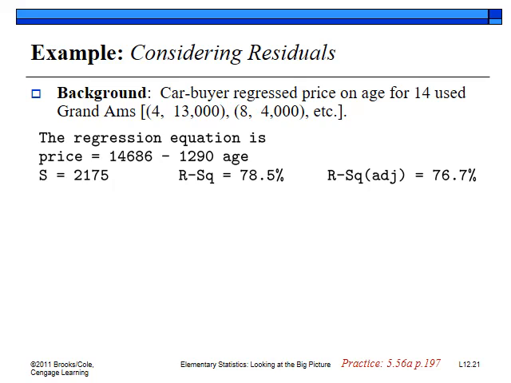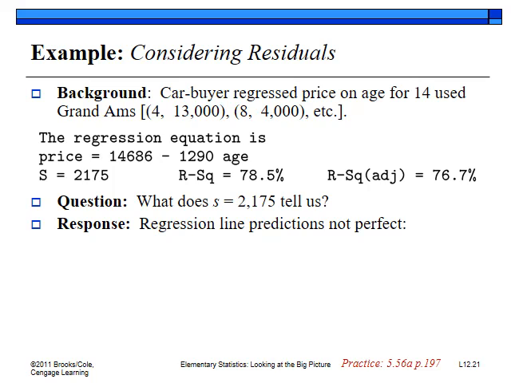And our software reports that S equals 2,175, R squared is 78.5, and R squared adjusted is 76.7. You don't need to worry about that adjusted R squared. So what does the 2,175 mean? Well, again, we interpret that standard error S as the typical size of a residual.